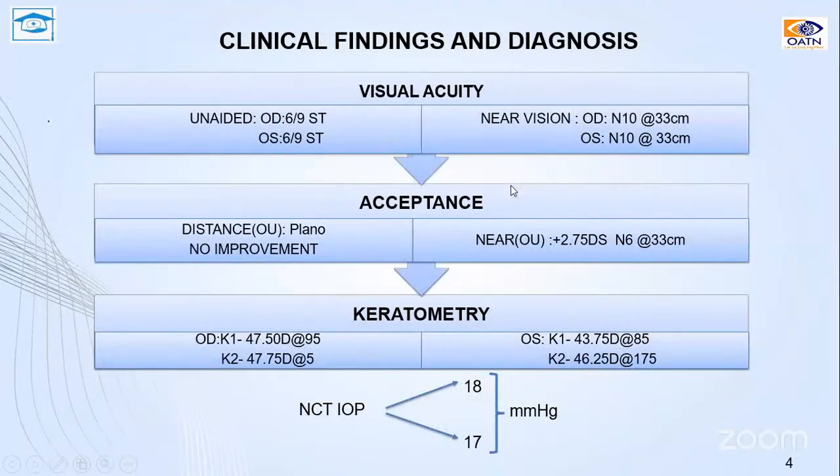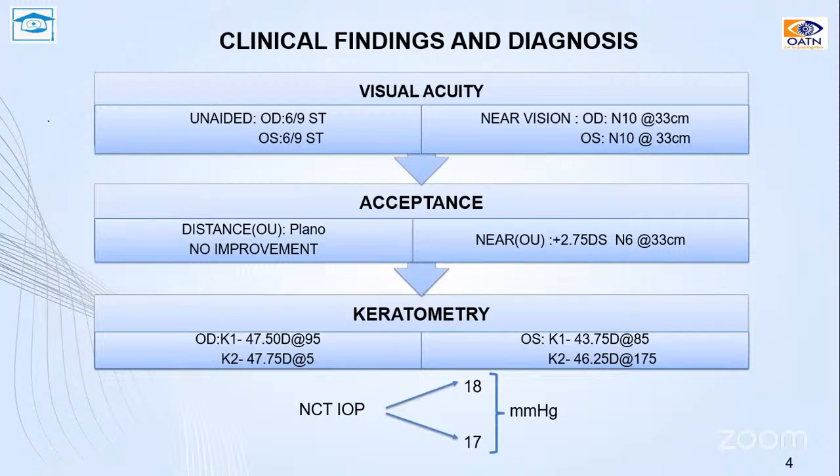Clinical findings and diagnosis reveal that the unaided vision of the patient is 6/9 in both eyes for distance and N10 at 33 centimeters for near. On acceptance, the patient does not accept any power for distance, with no improvement with pinhole. For near, the patient accepts plus 2.75 dioptre sphere, which improves vision to N6.